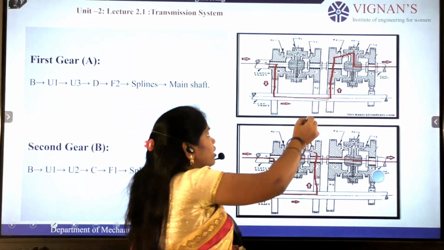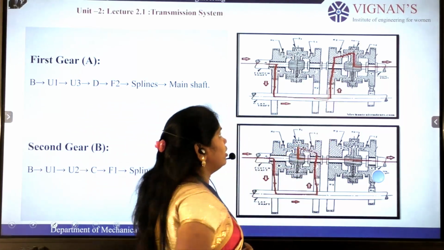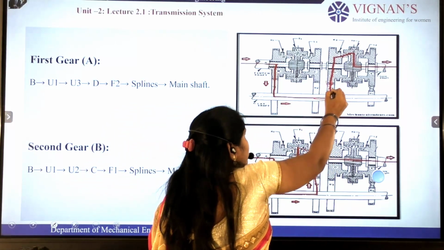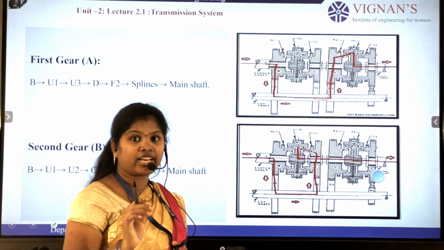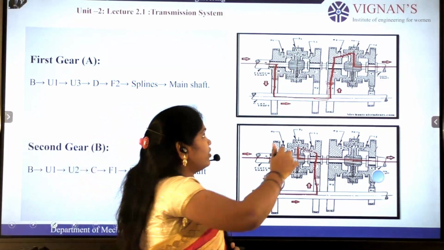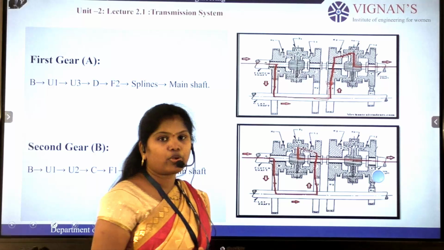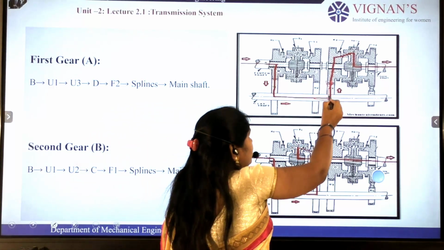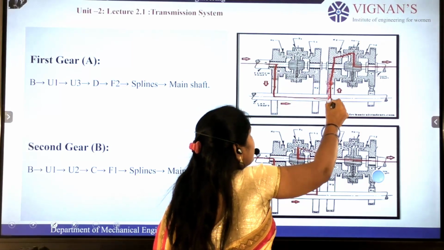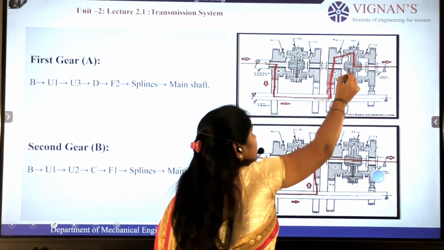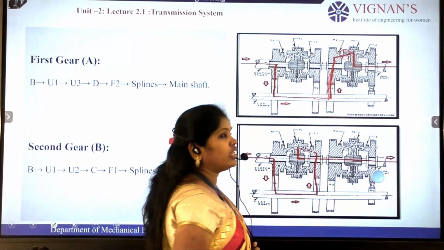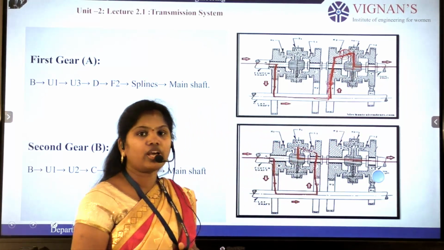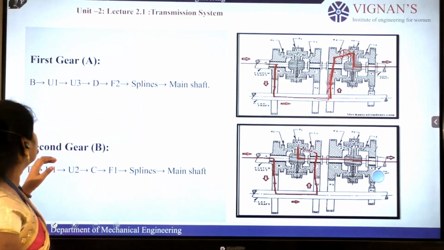Here gear reduction will happen because the drive gear has fewer teeth and the driven gear has more number of teeth. So here we get the gear reduction. This power is transferred from U3 to D gear. The dog clutch is engaged to the D gear, so with the help of this dog clutch, the power is transferred to the main shaft. This is the first gear.